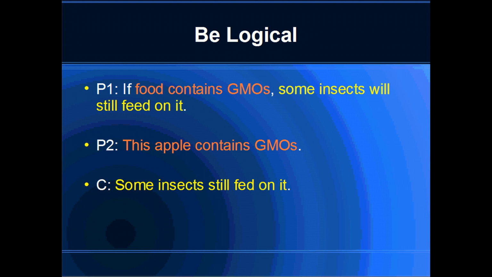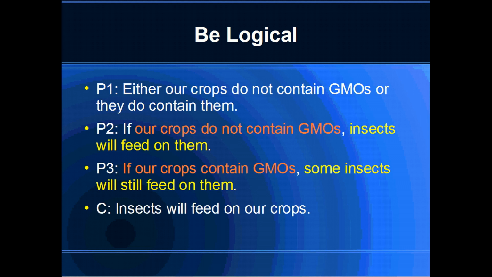So, now, having said that, I want to give you a little bonus argument. It consists of both a disjunctive proposition and a couple conditional propositions. Premise 1, either our crops do not contain GMOs or they do contain GMOs. One of those has to be true. Premise 2, if our crops do not contain GMOs, insects will feed on them.